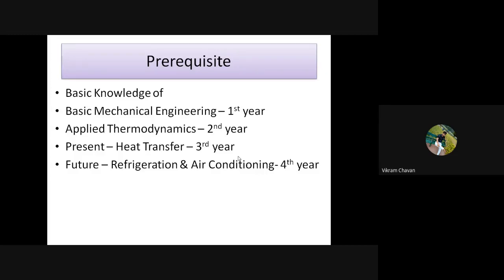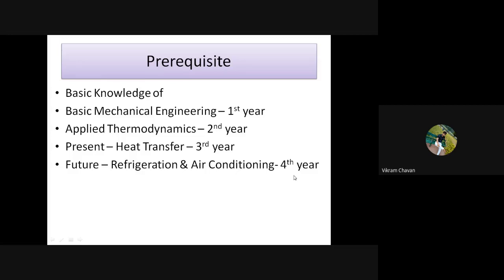So basic knowledge of basic mechanical engineering that you studied in first year, then applied thermodynamics, the knowledge of applied thermodynamics that you studied in second year. So that basic knowledge you require to study and understand the heat transfer subject. Presently in third year you are studying the heat transfer subject. In the future, next year, you are going to study refrigeration and air conditioning.